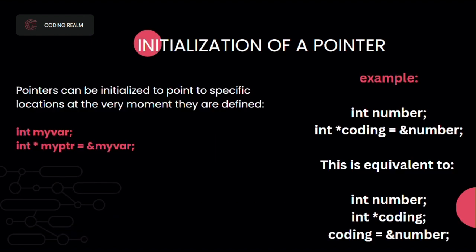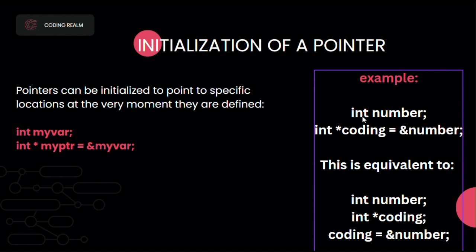Initialization of a pointer. Pointers can be initialized to point to specific locations at the very moment of declaration. They are defined by int myVar; int *myPointer = &myVar. Look at this example. First, I declare a variable number, an integer.